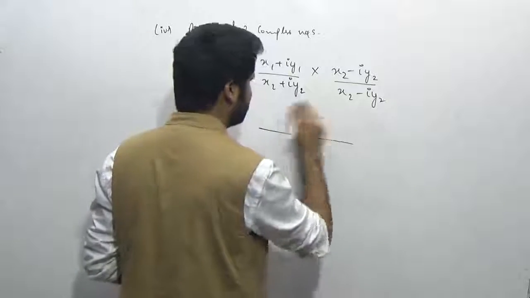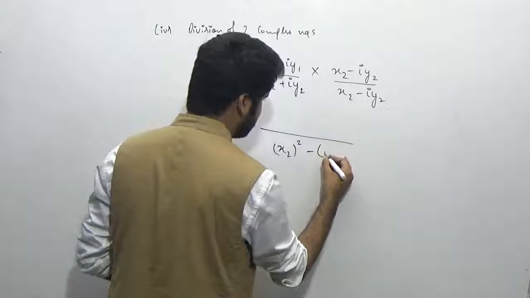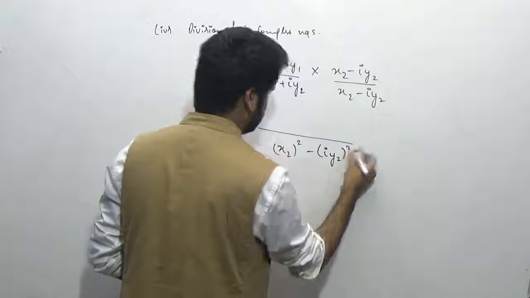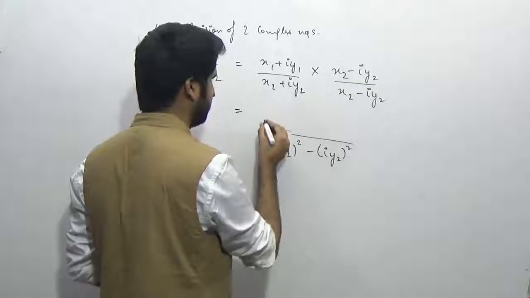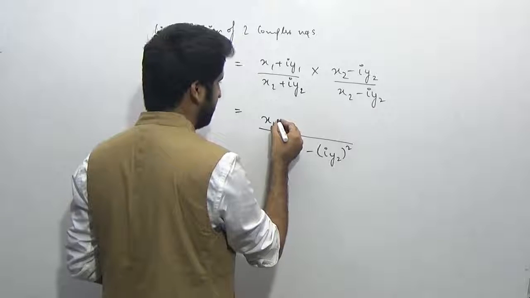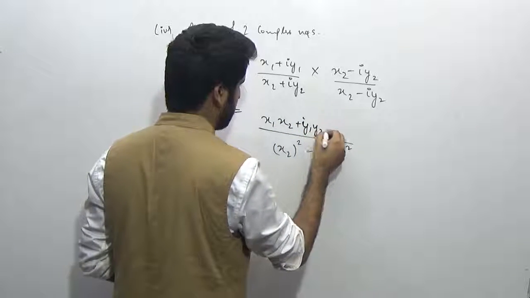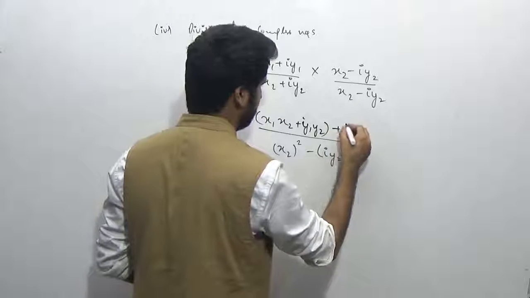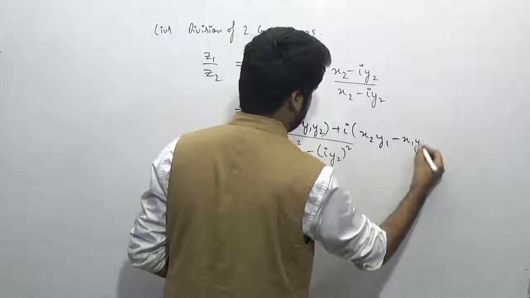But the need of this is that it will convert the denominator into x2 square minus iota y2 square, and the numerator will become as if we are multiplying these two complex numbers. So this will be x1 x2 plus y1 y2 plus iota times x2 y1 minus x1 y2.